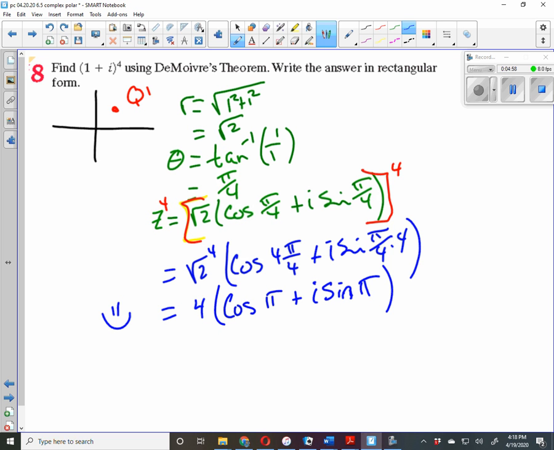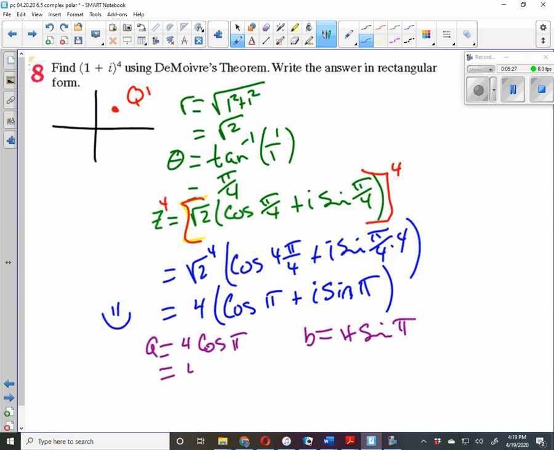Okay, but we're not done. I mean, we're part way done. They said leave it in rectangular form. How do I put it back in rectangular form? Well, now I've got to find my a and my b values again, right? So we know a is r cosine pi, and b is equal to 4 sine pi.